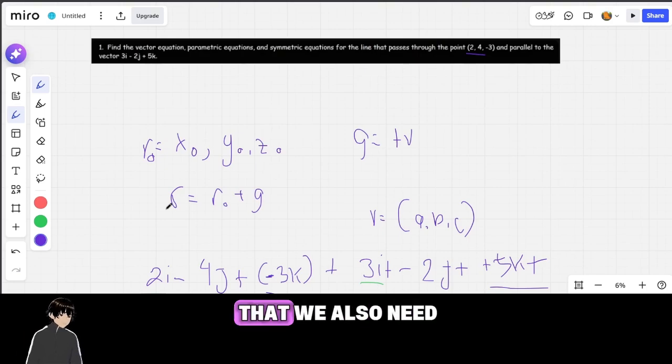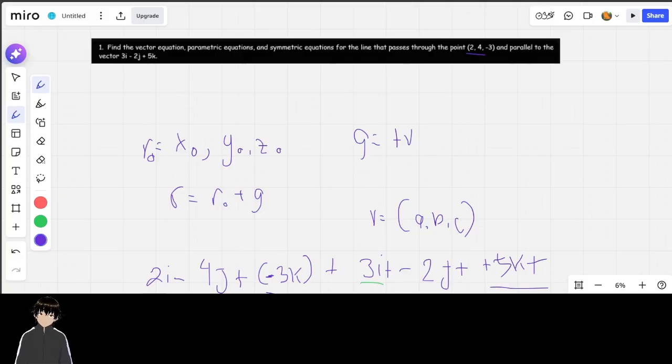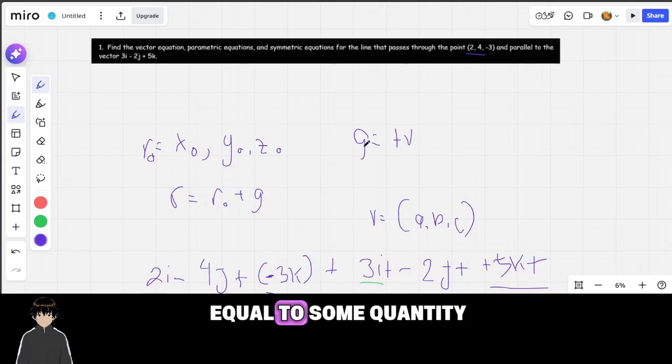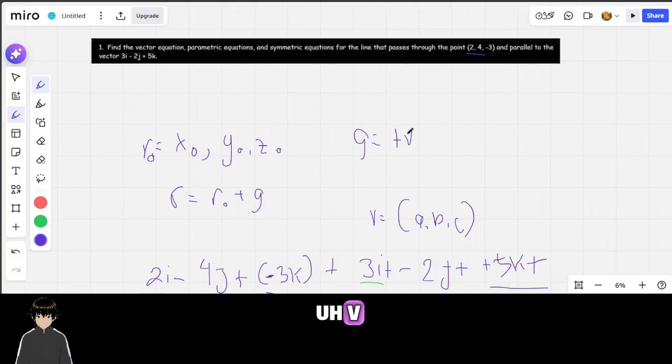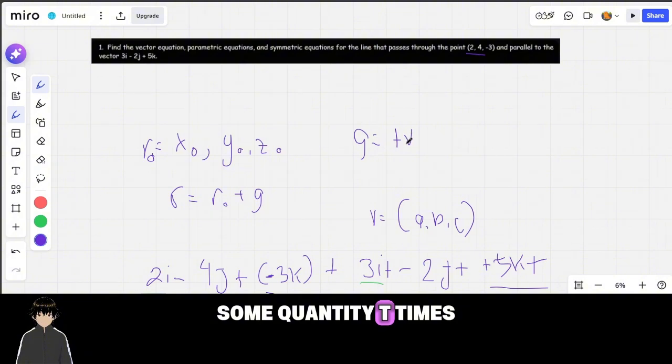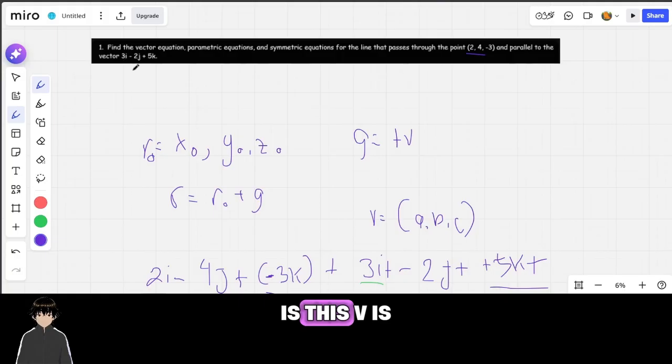In order to solve that, we also need this second set of numbers, which is 3i minus 2j plus 5k. This is going to be g. So g is equal to some quantity t times v, where v is the vector, this second set of numbers right here.